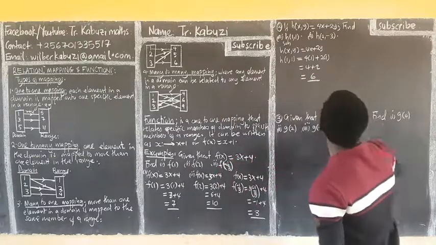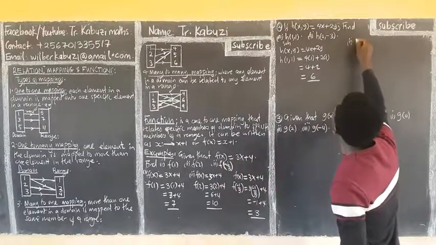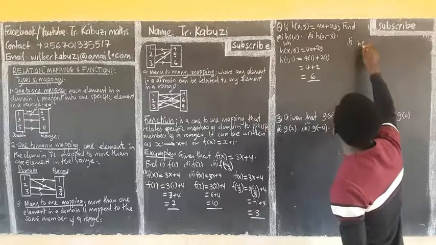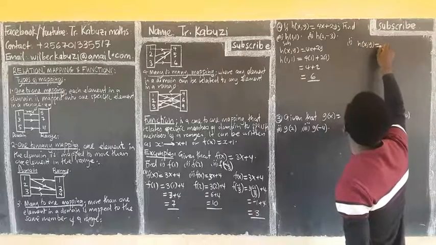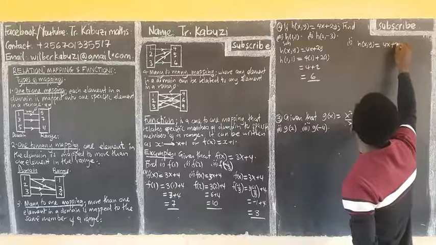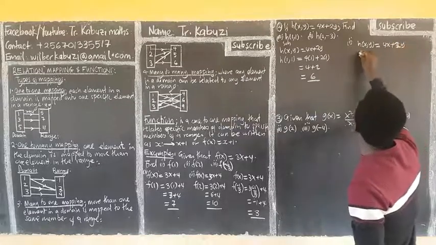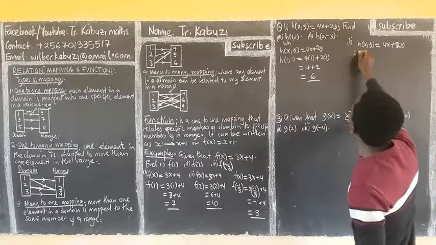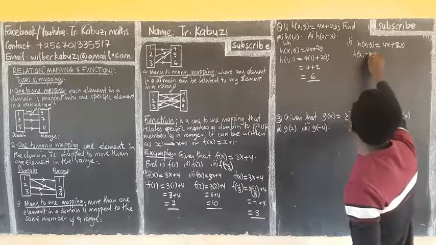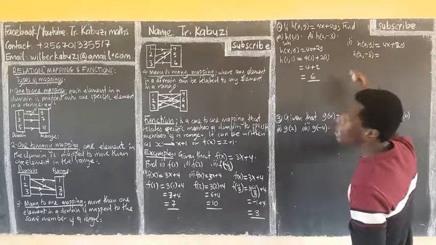Simple as that. When you come to number 2, we still start with the original function, which is 4x plus 2y. Then they are giving me h of 2, -3 to evaluate. It means x is 2 and y is -3, as you see.